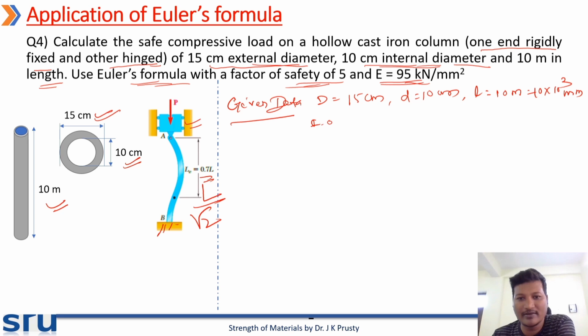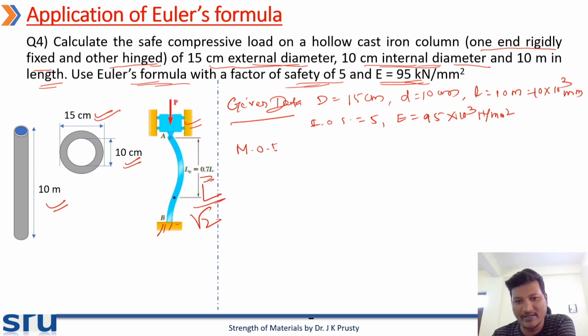Factor of safety is 5. Young's modulus is 95 into 10 to the 3 Newton per mm square.